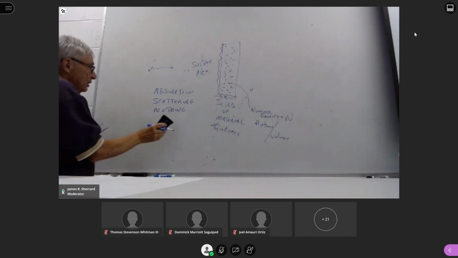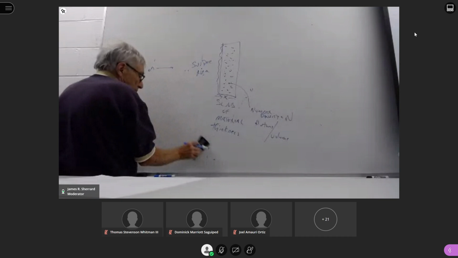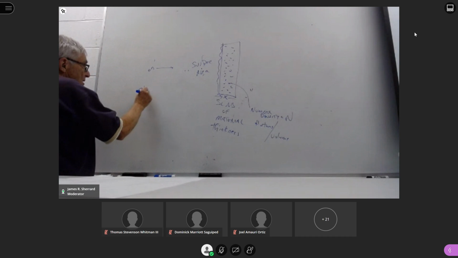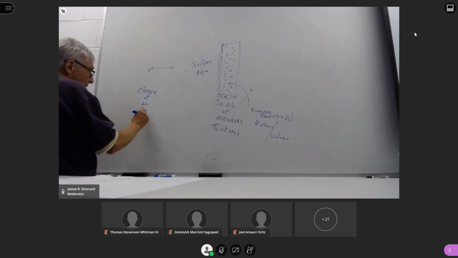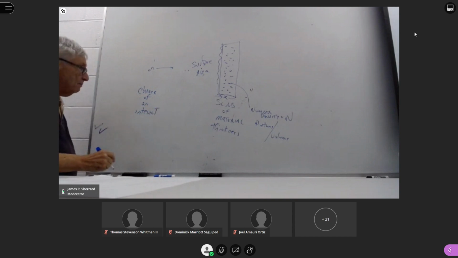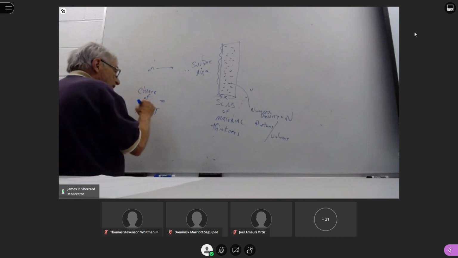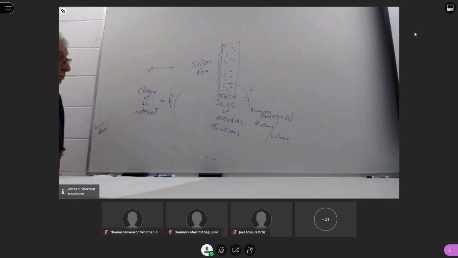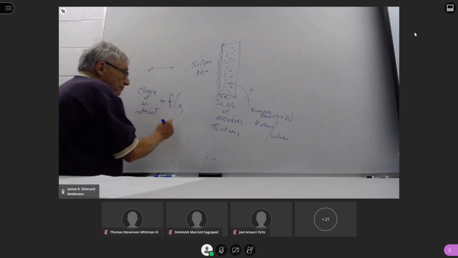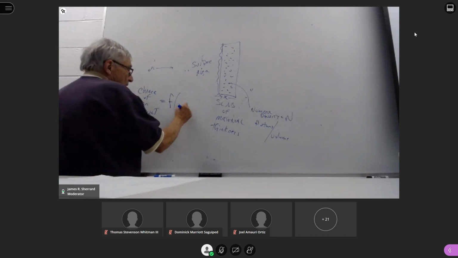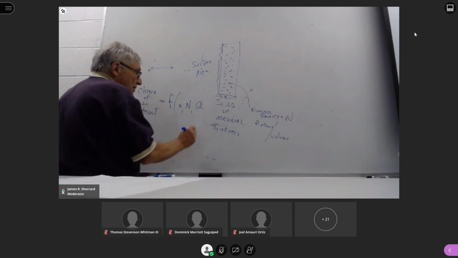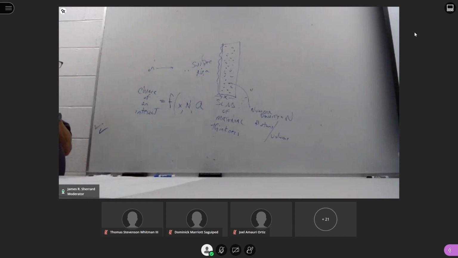Okay. So if we look at the chance of an interaction, we could say that this chance of an interaction is a function of the thickness, the number density, and the surface area of the material.